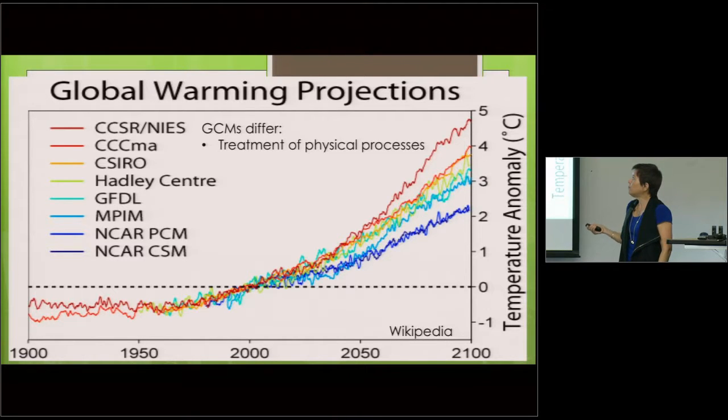So there are a variety of these GCMs that are done by a whole suite of institutions. And this is just a few of them. There are probably dozens that are done by different groups of people. And they differ in the way that they model those interactions of mass and energy between the grid cells. So they often come up with similar answers, but maybe somewhat different because of how they model those processes.